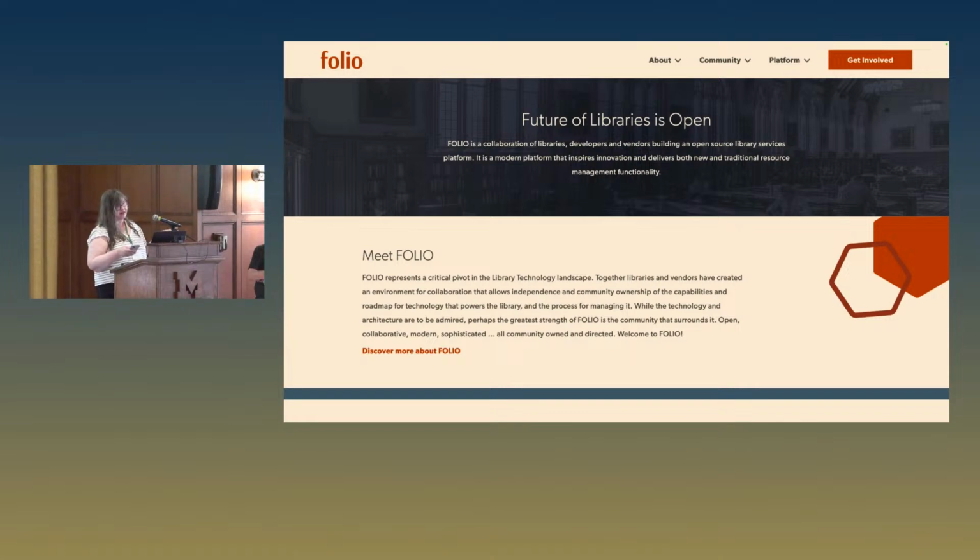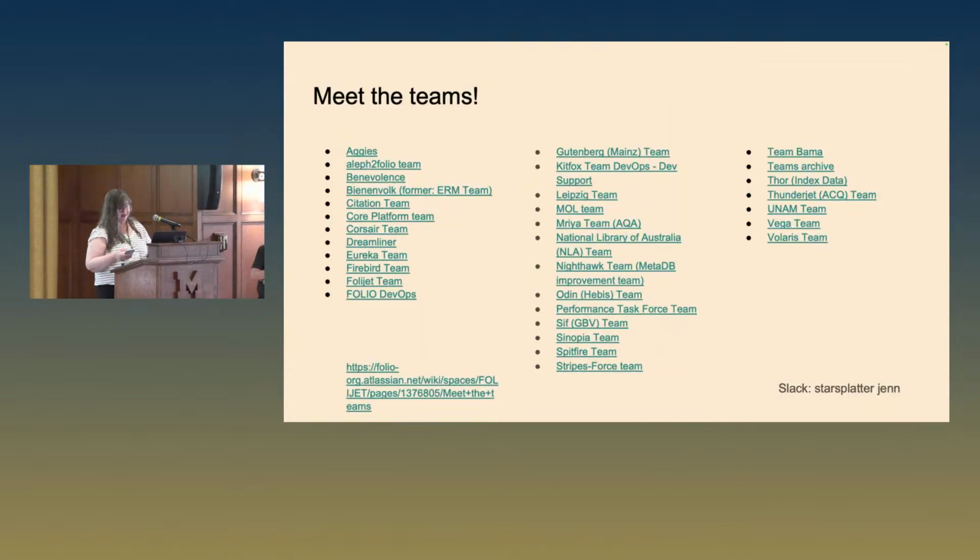We have 3 governing councils, a product council, technical council, and community council. I'm on the technical council, and I know there are a couple other of us wandering around this conference. And in addition to that work, over on the code development side, we also have library workers involved, but it would be great to see more. So here's a slide of our FOLIO development teams. You'd be in great company if you were to join us.